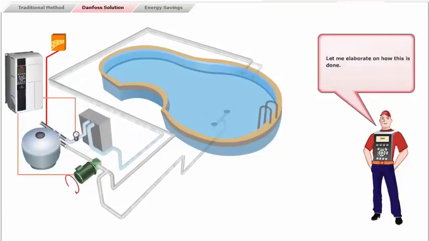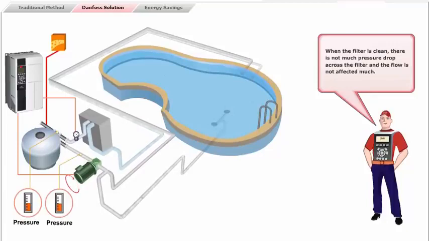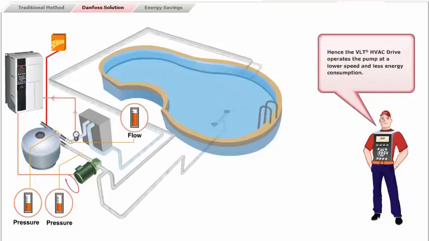Let me elaborate on how this is done. When the filter is clean, there is not much pressure drop across the filter, and the flow is not affected much. Hence, the VLT HVAC drive operates the pump at a lower speed and less energy consumption.